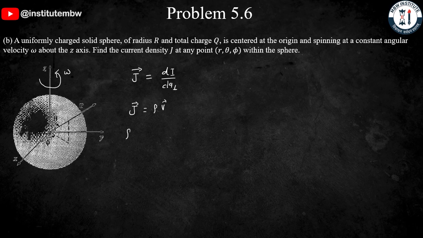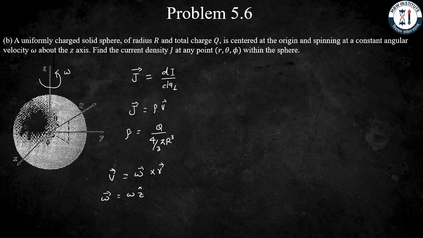So rho is simply Q upon 4 upon 3 pi R cubed, because we have given that total charge is Q. v vector is omega vector cross r vector, and omega vector is omega z cap. You can find out the direction of omega by using right hand thumb rule.